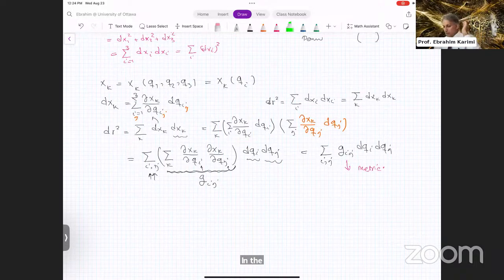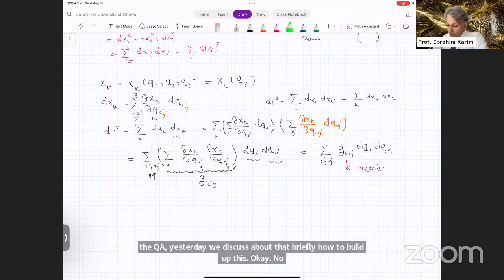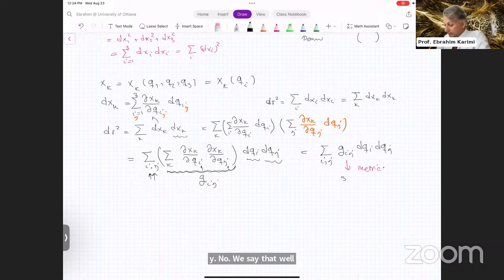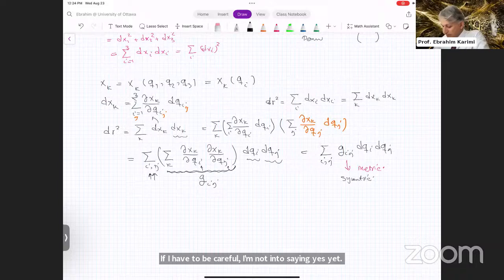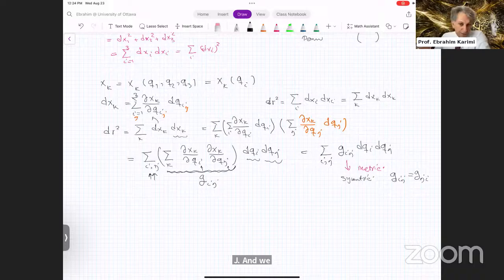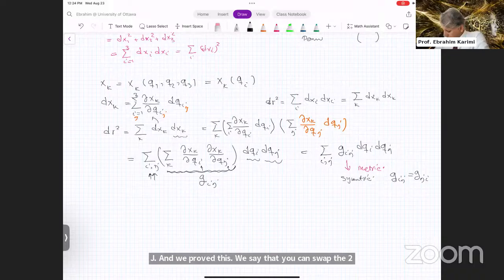Now, we say that this function is symmetric. I have to be careful, I'm not saying yes yet. It is a tensor, and this tensor is symmetric. What does it mean? That gij is equal to gji. We proved this: you can swap the two and still get identical results.